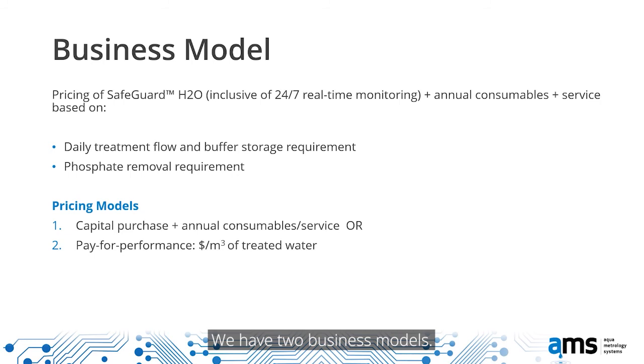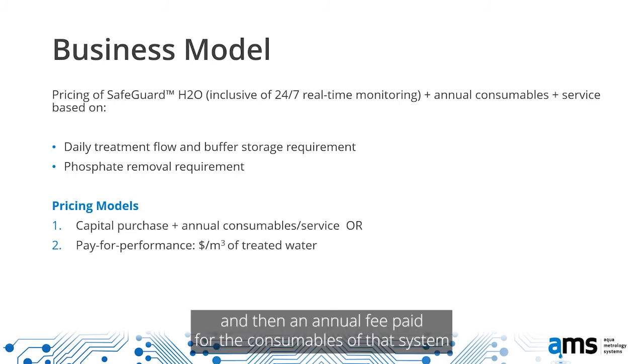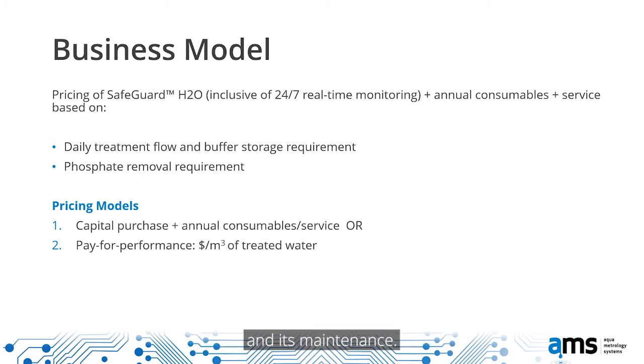We have two business models. The first of those is that the system can be purchased and then an annual fee paid for the consumables of that system and its maintenance.